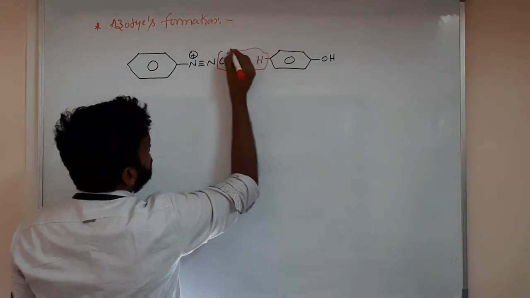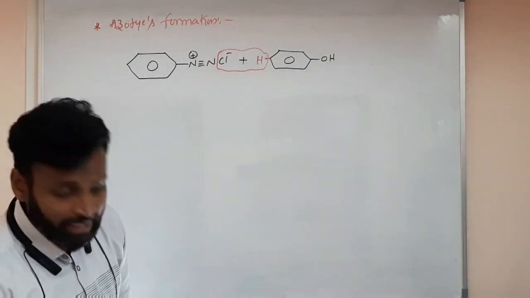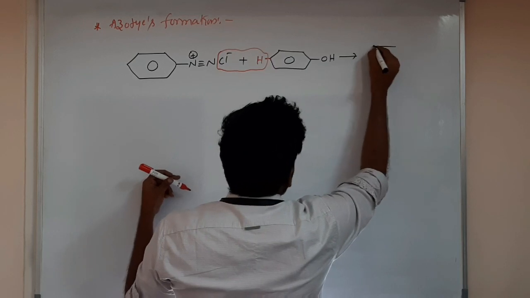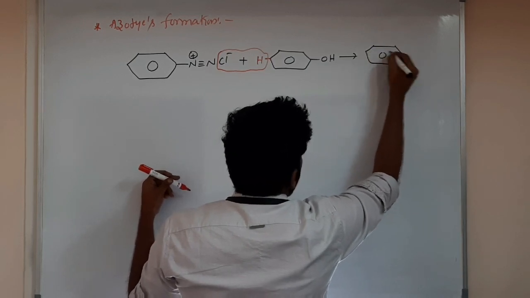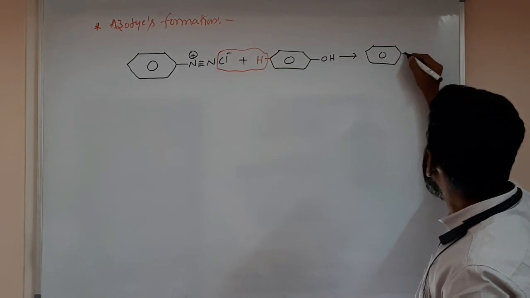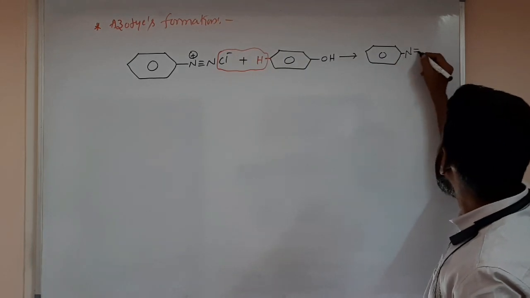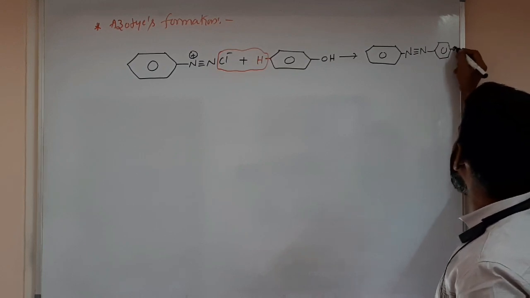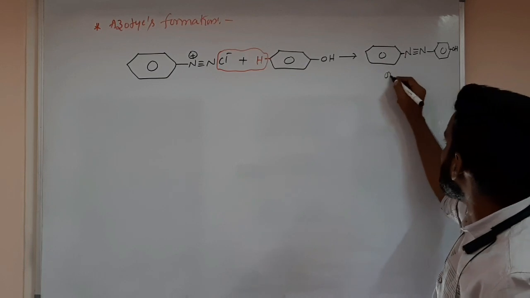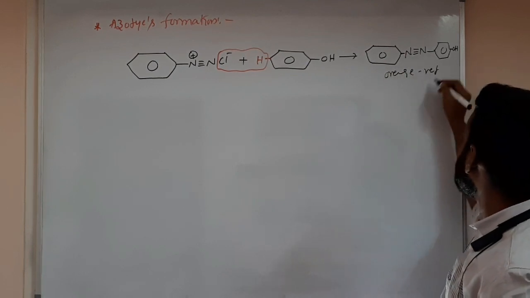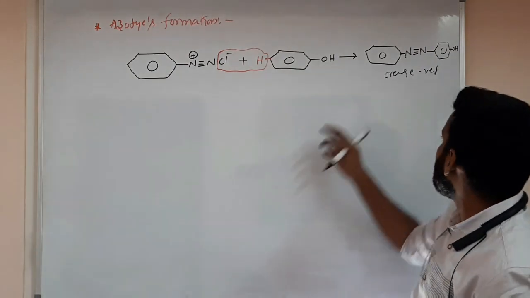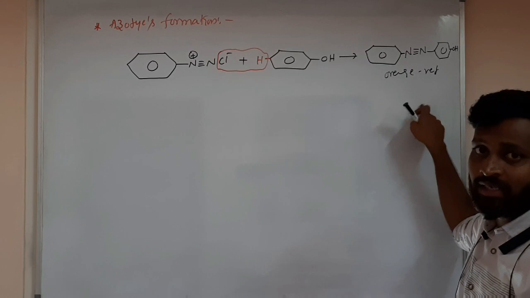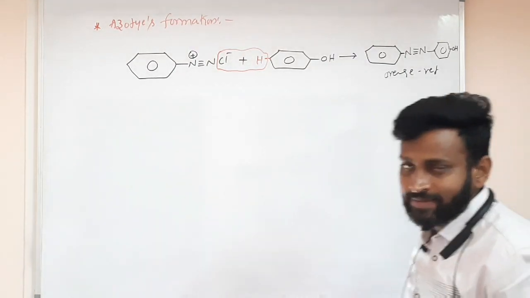So HCl will be removed, and you get C6H5, N triple bond N, C6H5 and here OH. This is orange red color. Azo means N2, dyes are colors. The colored substances are dyes.